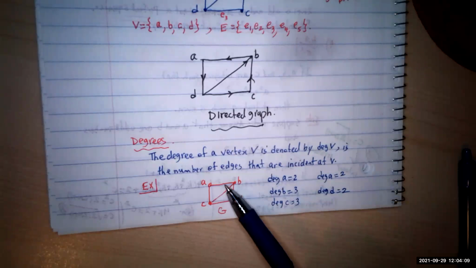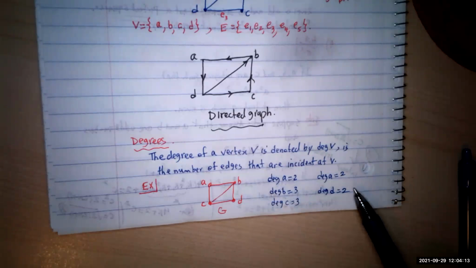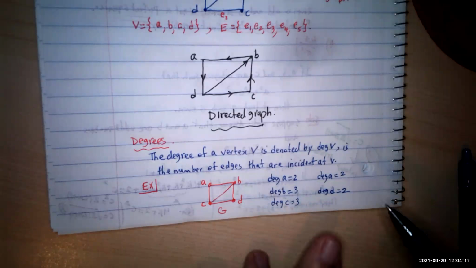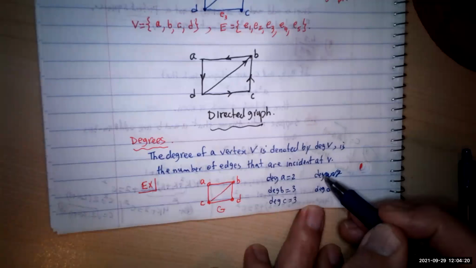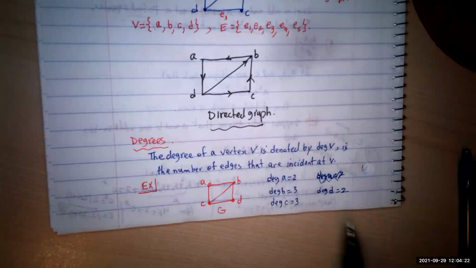You see the edges, you have 1, 2, 3, 4, 5. So we must get, oh, I'm sorry, I wrote the 8 twice. Because if you add them together, that gives you 10, and this is going to be twice as many as the edges that we are going to have.